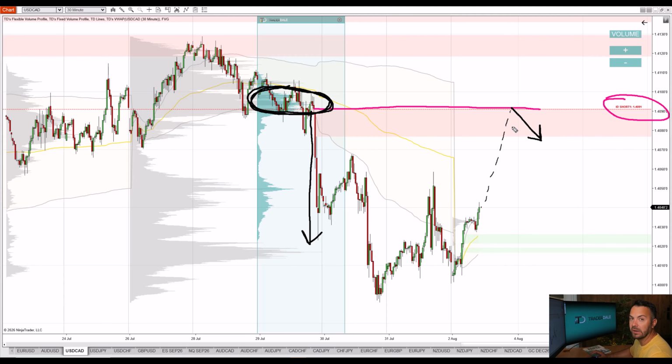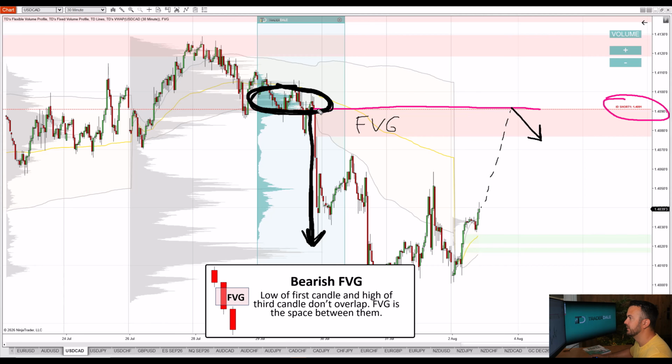So that's the main logic behind this short level. This setup is called the volume accumulation setup because sellers were accumulating their shorts here before pushing the price downwards. So the level is at the beginning of that heavy volume zone, but not only that, it's also at the beginning of this bearish fair value gap. See, this is the fair value gap, and because this is a bearish fair value gap, it begins in here.